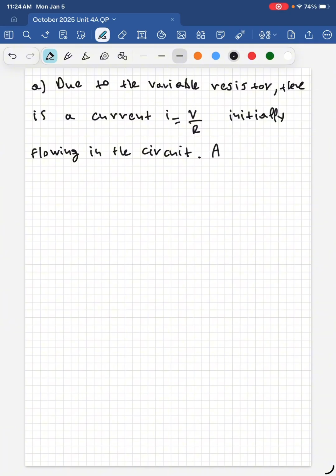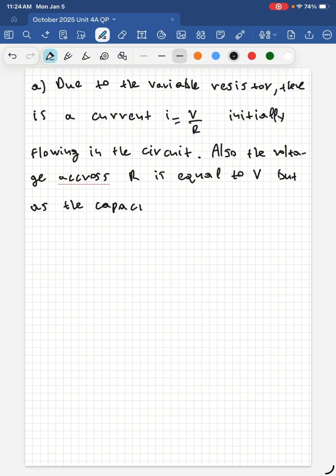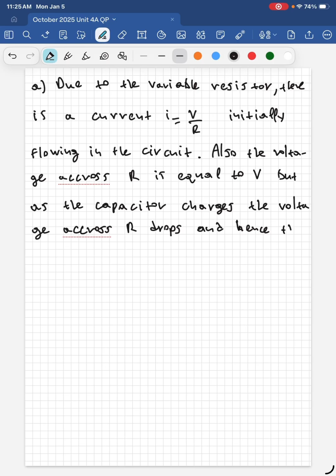Also, the voltage across R is equal to V, but as the capacitor charges, the voltage across R drops, and hence the current in the circuit drops.